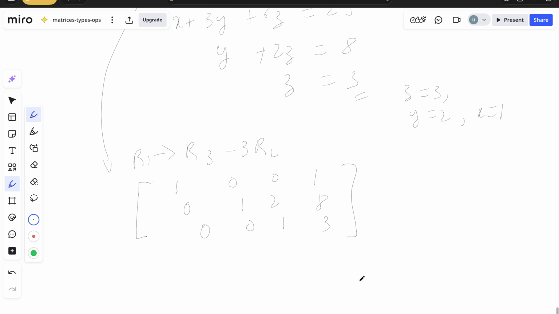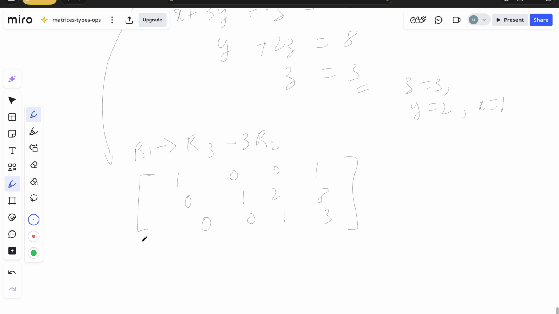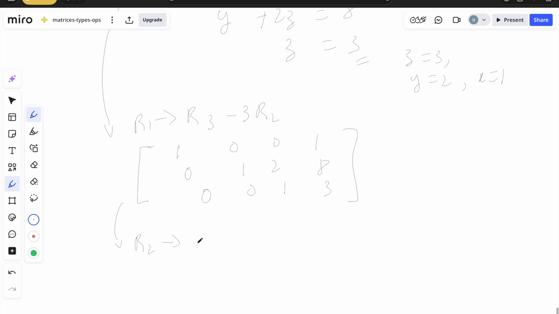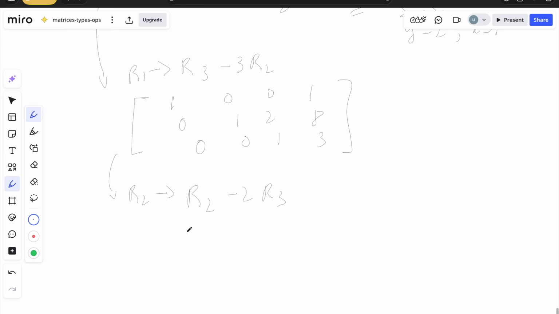We perform the last operation, R2 is R2 minus 2 R3, which reduces this to 1 0 0 1, 0 1 0 2, 0 0 1 3.